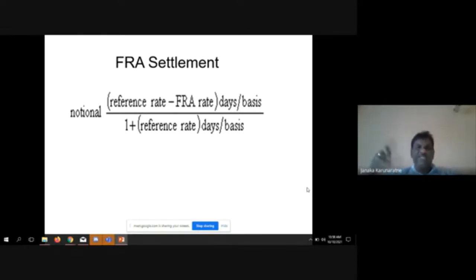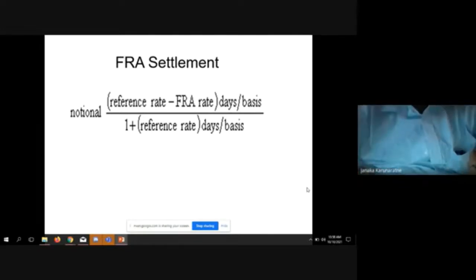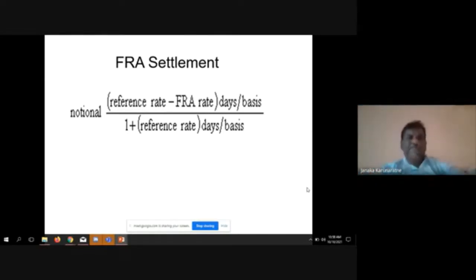Let's say it's 3 months, actual days, and the basis. I think last time I mentioned, depending on the day count convention you adopt in your market, it could be 360, 364 or 365. If you look at different markets, it is quite different. All divided by 1 plus reference rate times number of days of the loan divided by the day count convention.